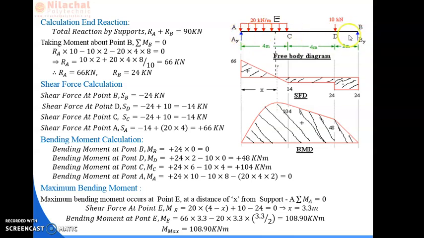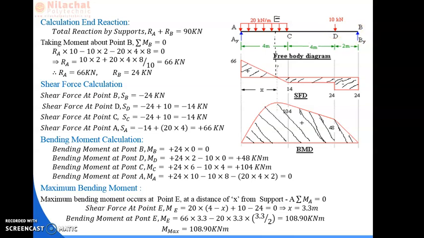A and B are the end points of the beam. There is a udl from the left support A to C having a value of 20 kN per meter. There is a point load at D point, which is at a distance of 2 meters from the right support, that is a 10 kN point load.